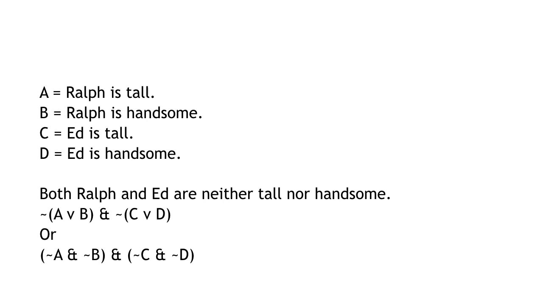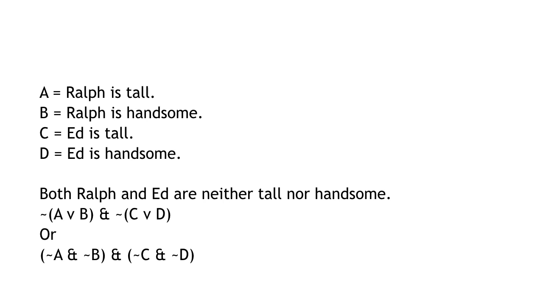Now, since it has the neither in there, I would probably prefer the first one here, but it is completely right if you symbolize this a different way. The other way you could do this is not A and not B, and not C and not D. So why is that right? Well, just think about it. Think about De Morgan's laws.